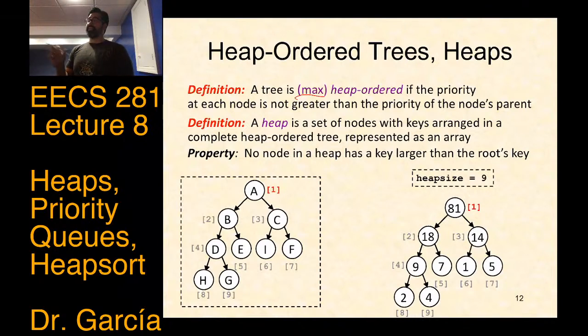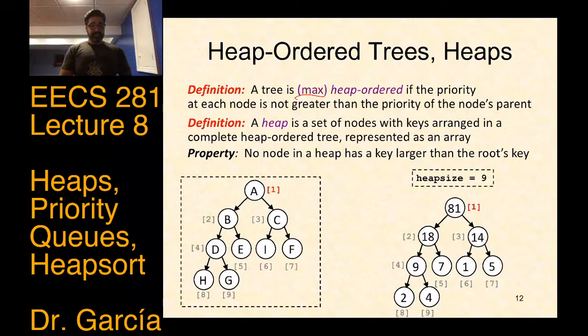Everything works out the same except that we would change how we compare things, whether it be a max heap or a min heap. For the rest of the lecture, we're going to assume, without loss of generality, that we're dealing with max heaps. Again, it's a matter of what comparator you use. If you were implementing this, there would be a functor that you would use to compare the elements as you do all the logic that we're going to talk about in this lecture.